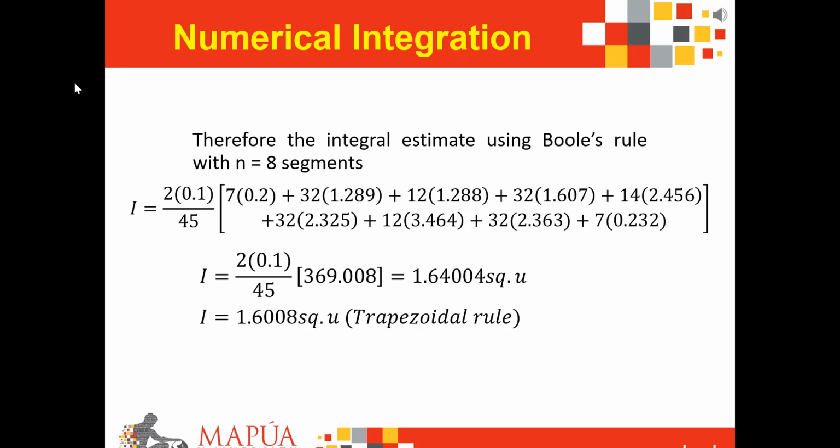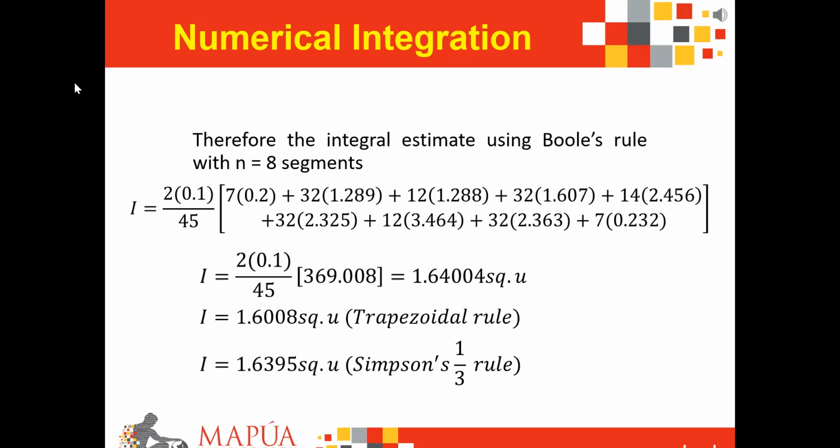Note that when we compare that to our trapezoidal rule answer, we'd end up with a trapezoidal rule integral estimate for n equal to 8 of 1.6008, showing you that Boole's rule, which is a curve function, is obviously more accurate than a linear function in estimating your integral value.